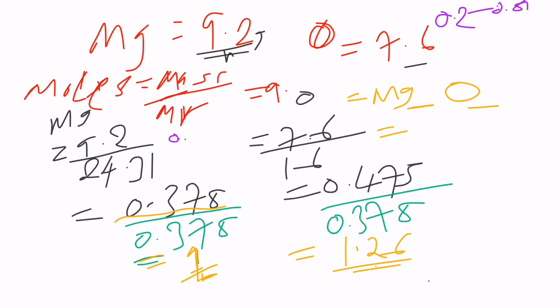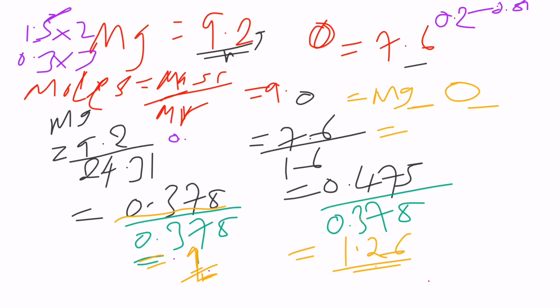So we find the common 1 and 1.26, which will give us out of the range. Now, this is what we need to do. If it gives you 1.5, you multiply by 2. That is the key. If it gives you 0.3, or 0.6, you multiply by 3.